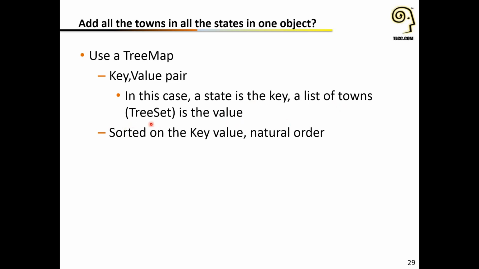In this case, I could use a TreeMap so that the states are sorted by the key, and then if we want to loop through it, we can get all the states in order. But then the value we pull out might be, in this case, also a TreeSet. So we might use a TreeMap to store the key-value pair, where the key is the state and the value is a TreeSet of all the towns. So the towns will be unique and sorted.